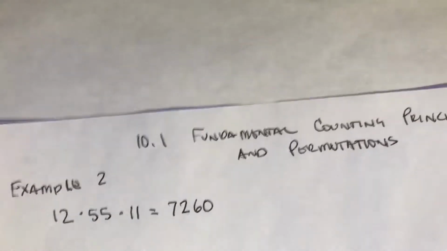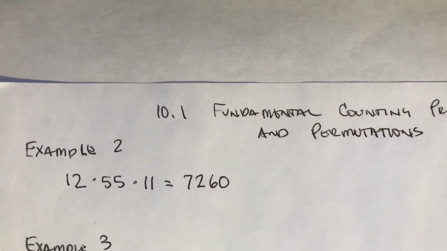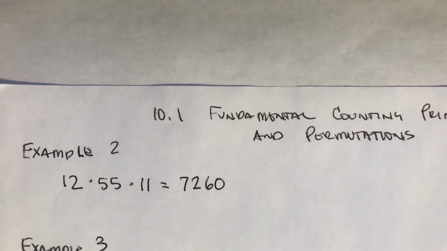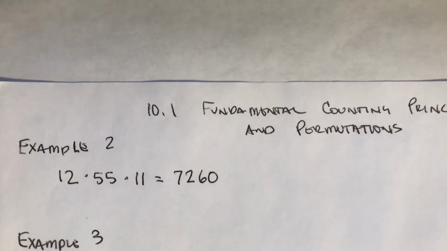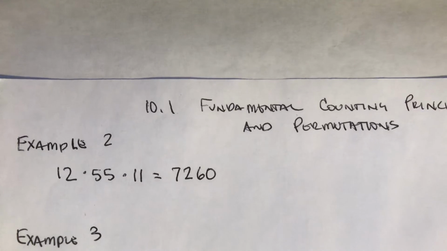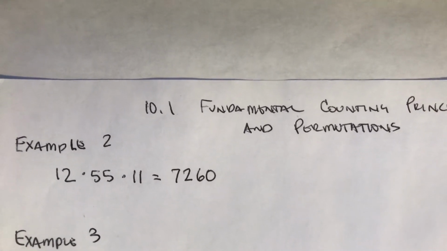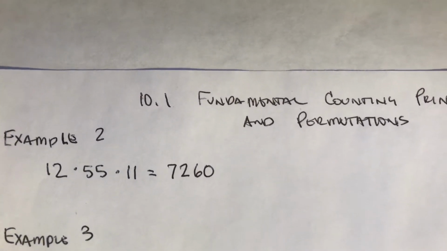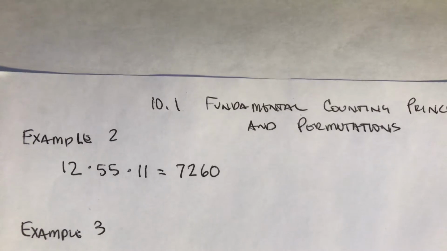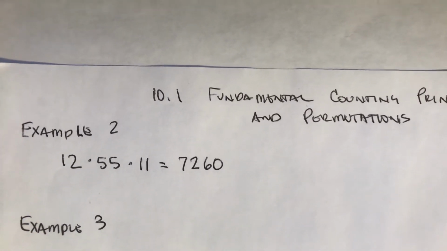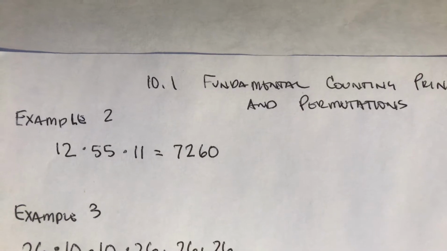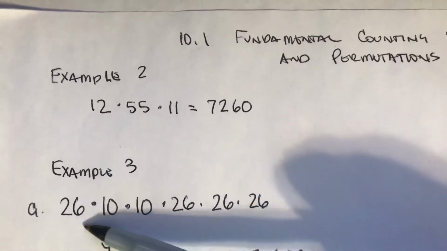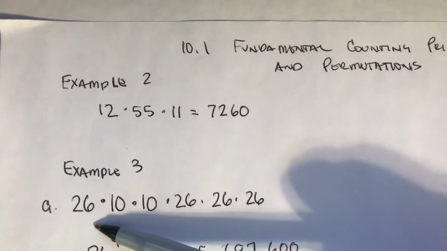Example 3, we are creating a license plate for the state of Texas. In Texas, the first character is a letter of our alphabet, followed by 2 numerical values, and then followed by 3 letters of our alphabet. Now, if we can have repetition of letters and digits, then in Example 3, letter A, this is how we would go about doing it. The first character, a letter, is 26, because there are 26 letters in our alphabet.